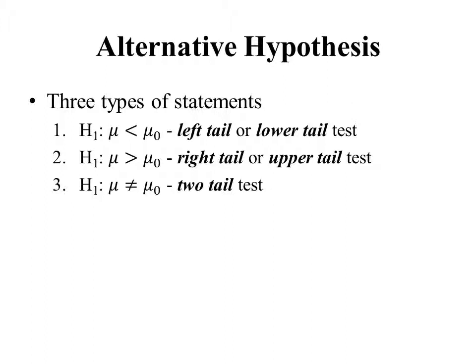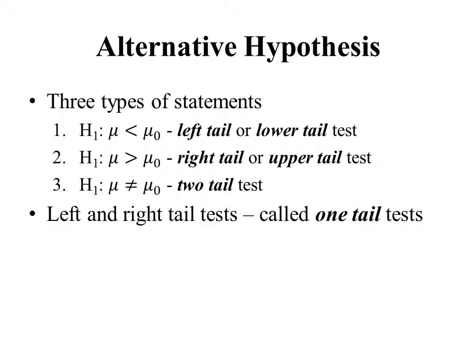Another type of statement could be the alternative hypothesis that mu is greater than some number. This is what we generically call a right-tailed or an upper-tailed test. The third type of statement is going to be the statement that mu is not equal to some number. And in this case, we call it a two-tailed test. And then the left and right-tailed tests are generically called one-tailed tests. So whether we have a one-tailed test or a two-tailed test is going to be very important to how we do our calculation.